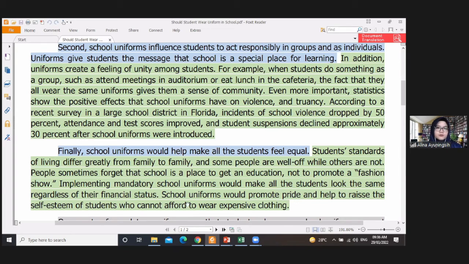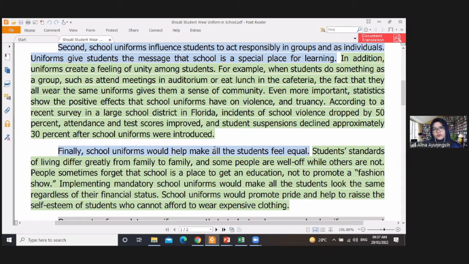People sometimes forget that school is a place to get an education, not to promote a fashion show. Implementing mandatory school uniforms would make all the students look the same regardless of their financial status. School uniforms would promote pride and help to raise the self-esteem of students who cannot afford to wear expensive clothing.